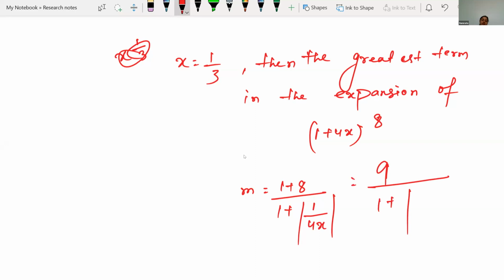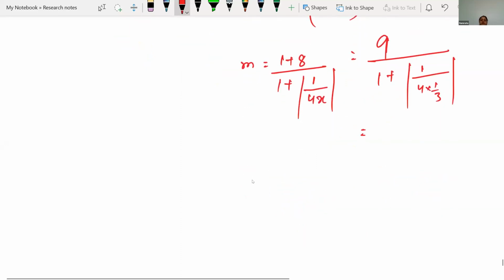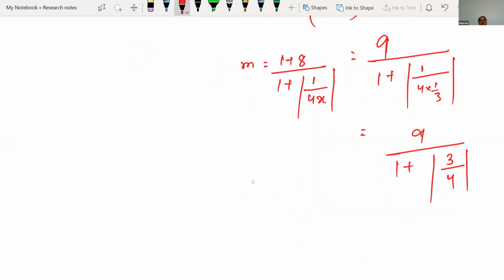X value is 1 by 3. Let's substitute it over here. What will we be having, Lina? Can we write it as 3 by 4? Yes, ma'am. Any confusion? No, ma'am.